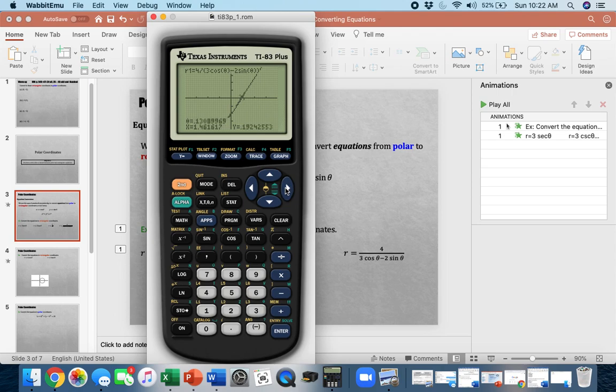Then as theta moves on, you're getting all of these values. 4 comma 4. Gee, what theta is that? Math is cool.